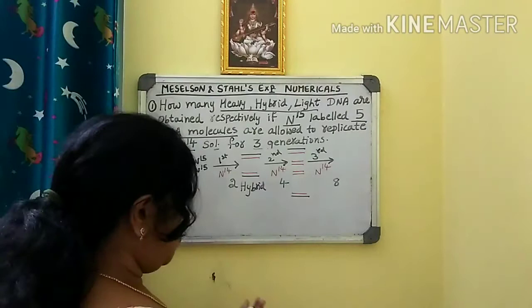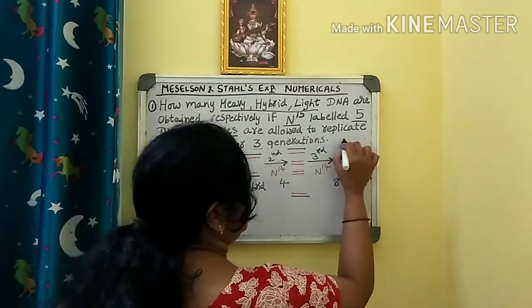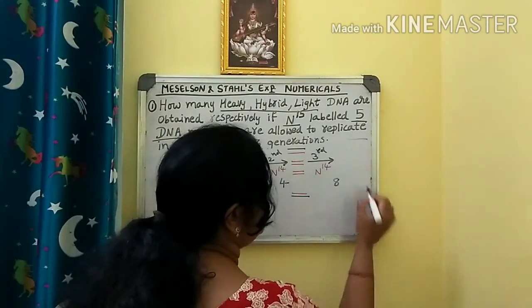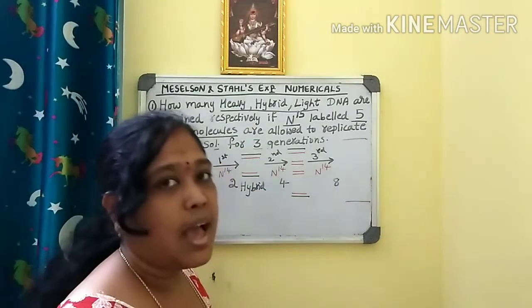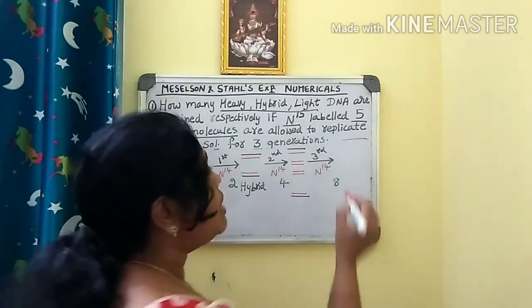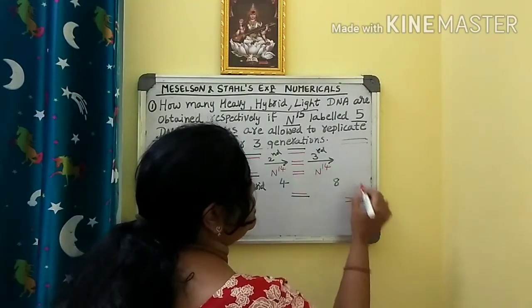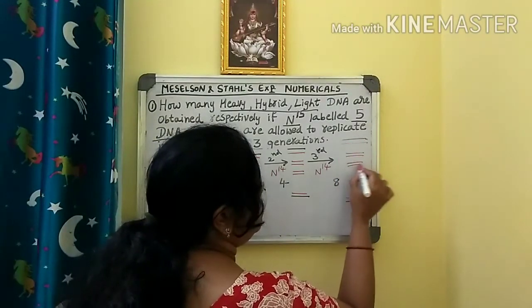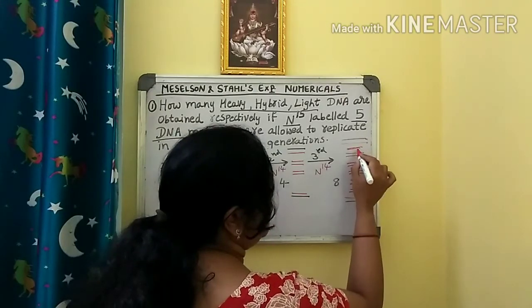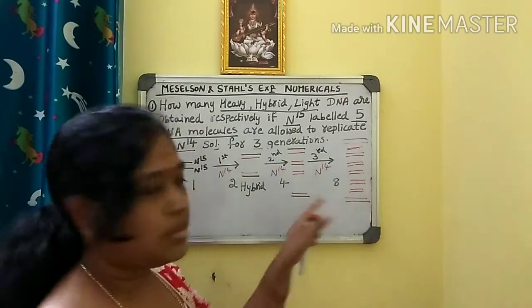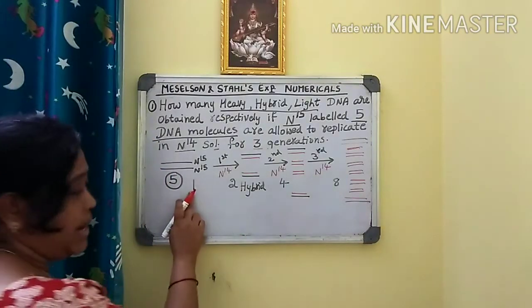Doubling means whatever you get, the hybrid DNA will be present and the rest of all will be light, and there is no chance of heavy DNA occurrence. So the rest of all will be of light only. This is how it will come if we take one DNA.